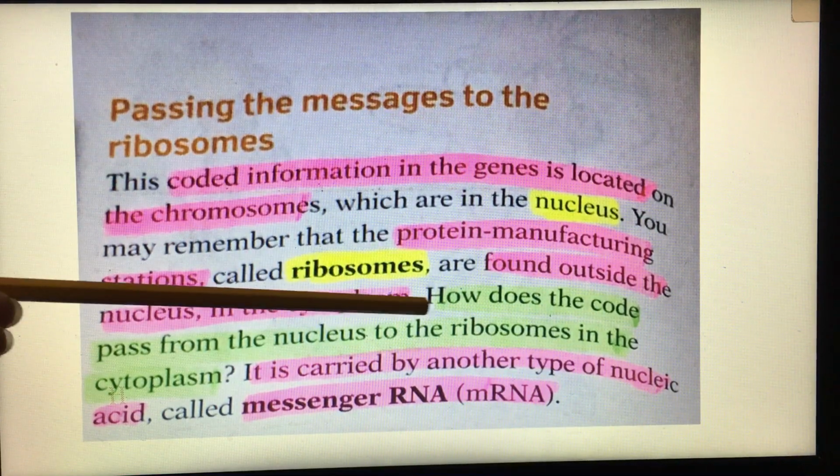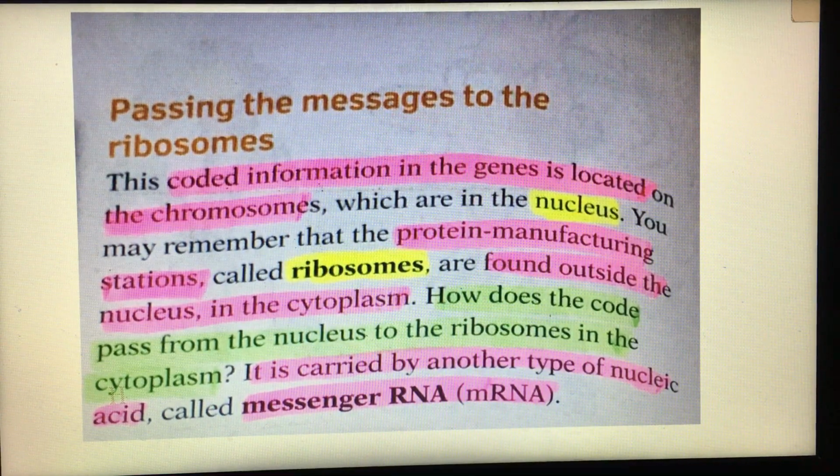Now the question here: how does the code pass from the nucleus to the ribosomes in the cytoplasm? We say that it's carried by another type of nucleic acid called messenger RNA. So mRNA is one type of nucleic acid which can carry the genetic code to the ribosomes to produce proteins.